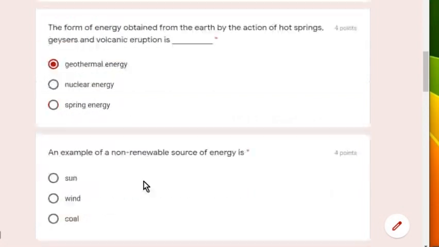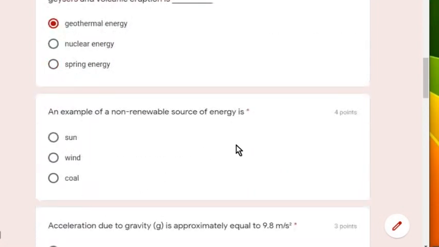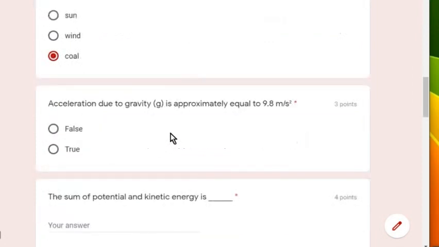energy. An example of a non-renewable source of energy: the sun is renewable, the wind is renewable, but coal is non-renewable. Coal, fossil fuels, etc. are non-renewable.